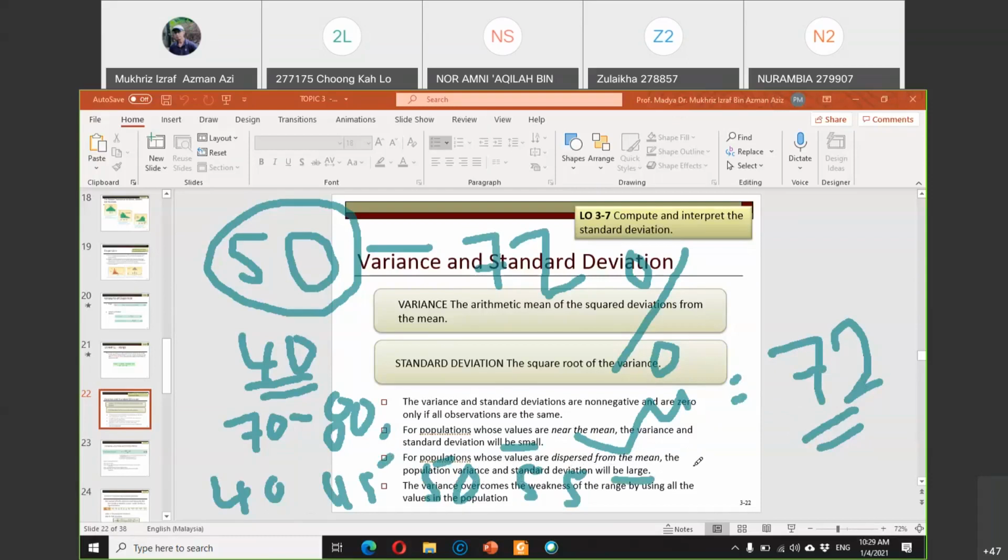Okay, so I hope you get this concept of dispersion. Basically, it is how you spread your data.